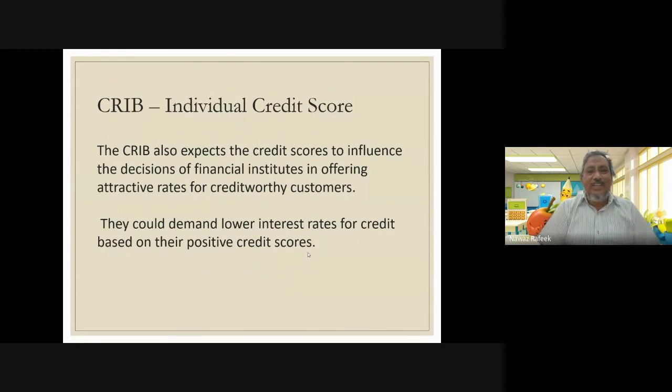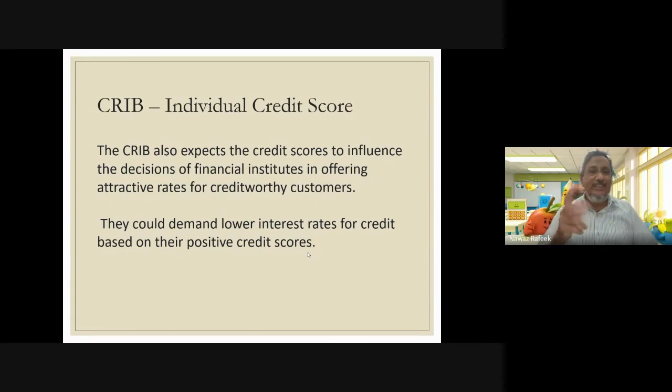Right, CRIB is also expected to have credit scores influence the decisions of the financial institutions in offering attractive rates for credit to customers. A customer cannot be given the same service as every other customer. Depending on the creditworthiness of the customer, you have to offer the rates. Creditworthy customer, lower rate; risky customer, higher rate.